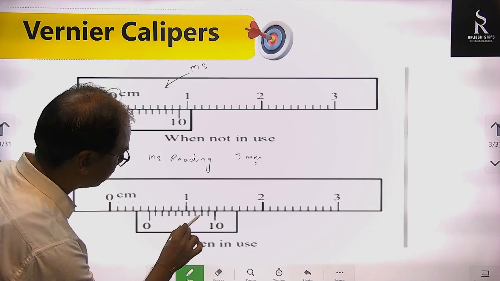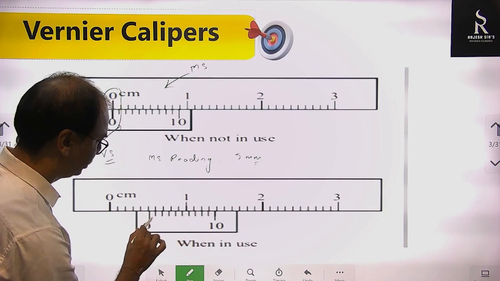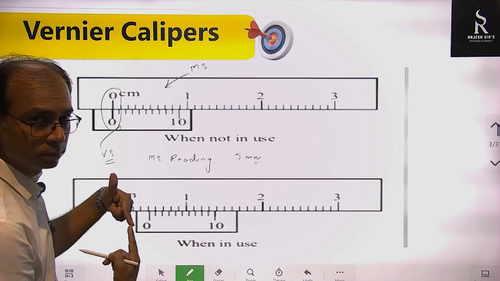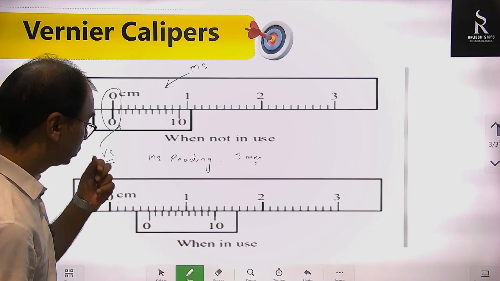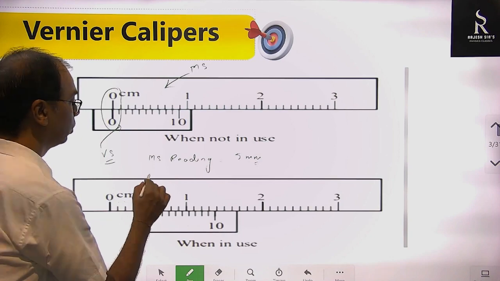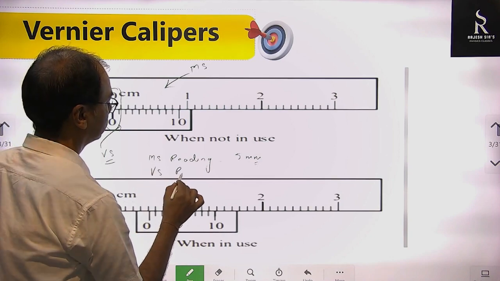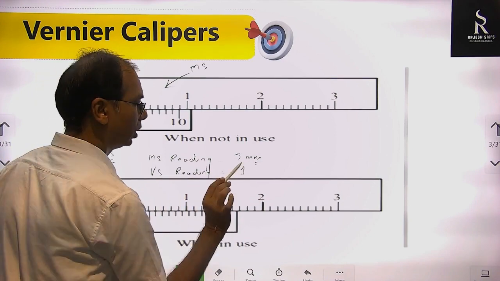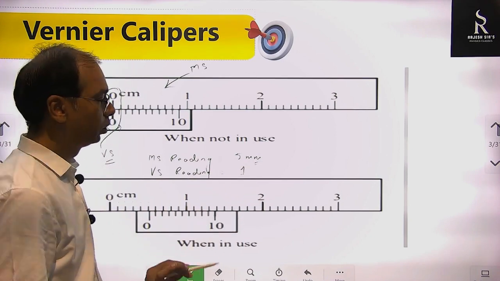Which one is there? I think the first one is one on the other, right? This only is one on the other. So that means vernier scale reading is 1. One what? No, only one. Don't put mm or anything.